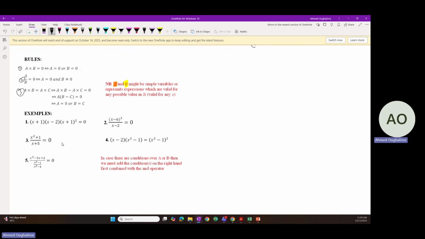So I'm just going to take example 3: solve (x squared plus 1)(x plus 5) equals 0 in R. If I look at it, I can say this equation actually has no solution. But if I apply my properties, this comes to say that x squared plus 1 equals 0 or x plus 5 equals 0.